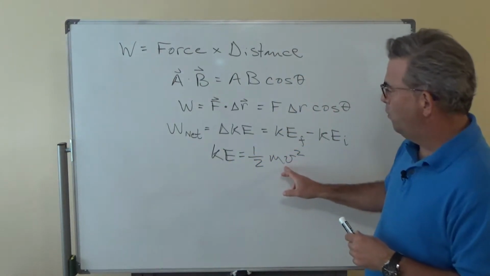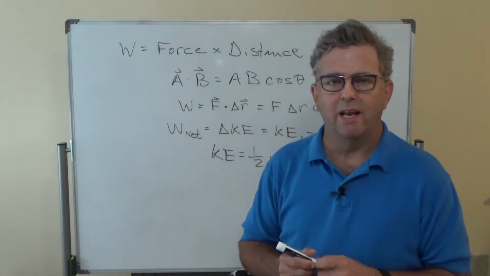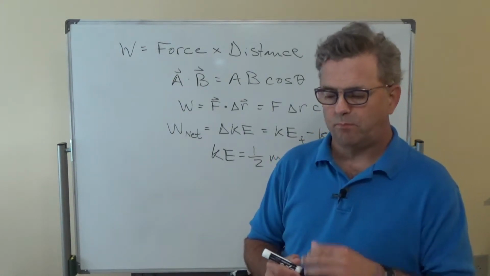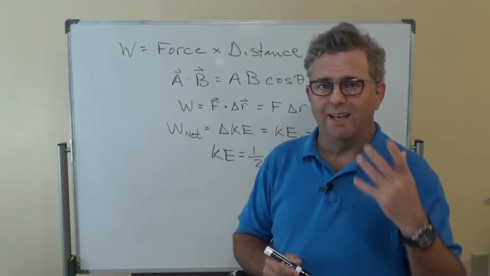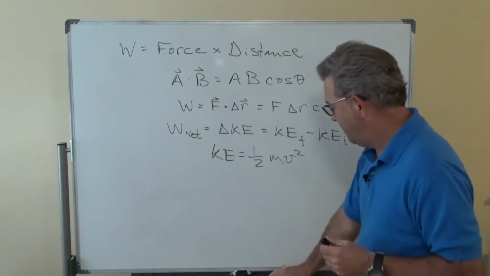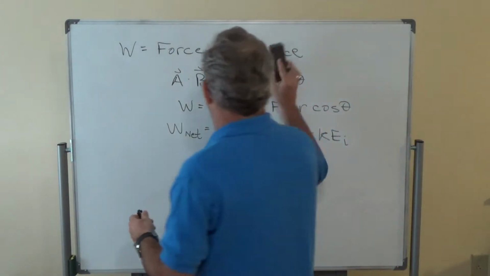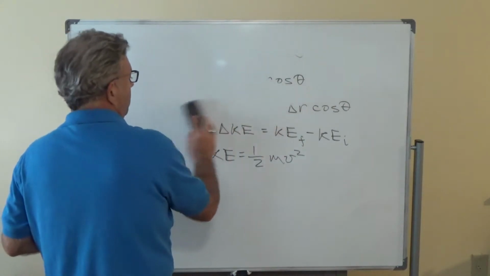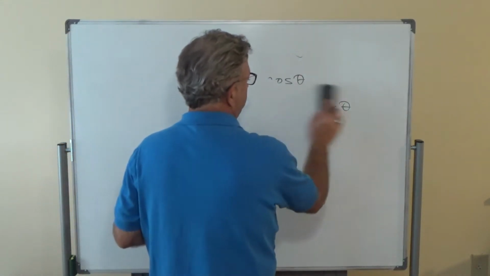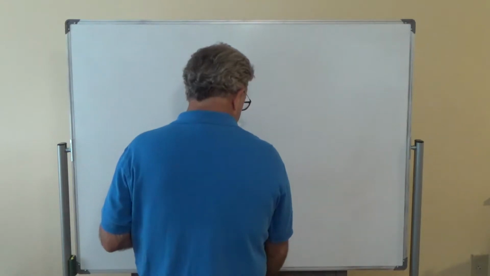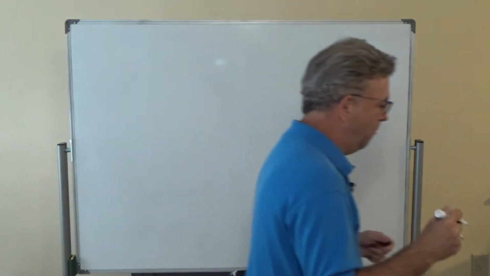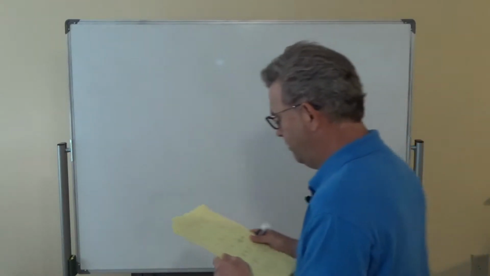So I want to show you where this kinetic energy comes from, how we actually can calculate the kinetic energy. Well, first off, I want to show you a little bit of calculus for deriving the kinetic energy, or this work kinetic energy theorem.